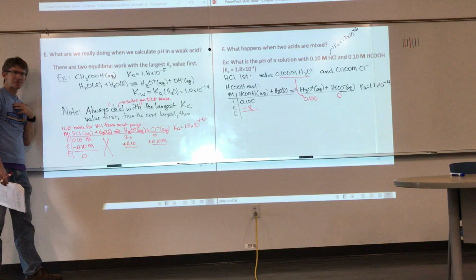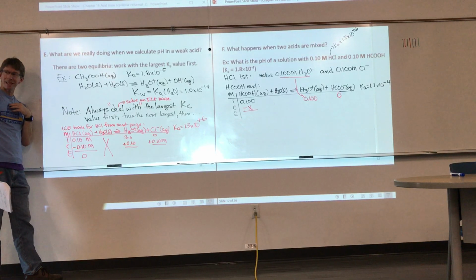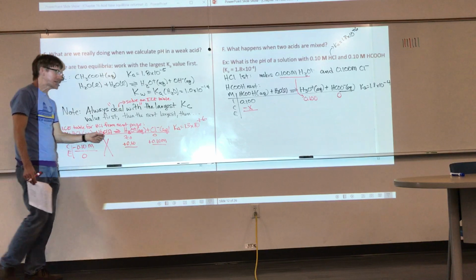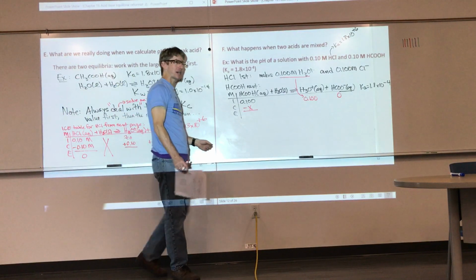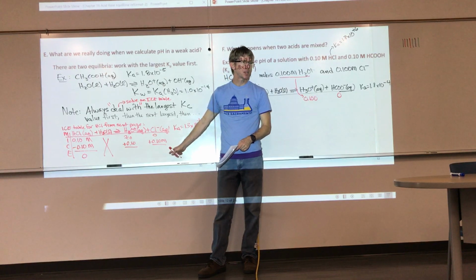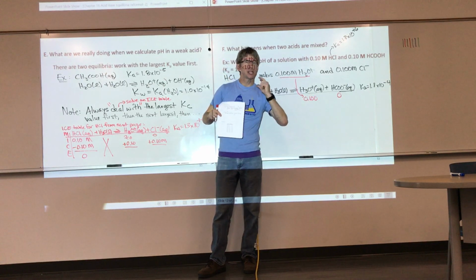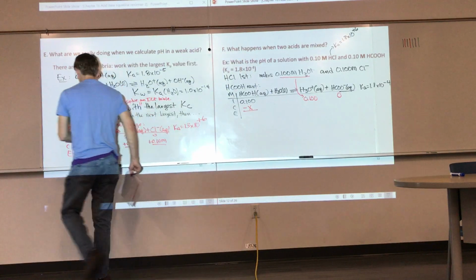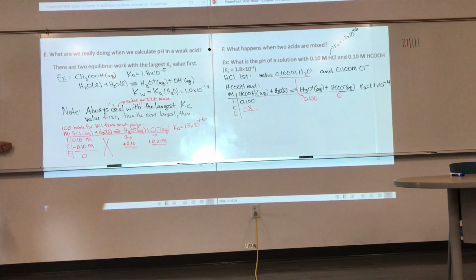But for us, there's an easier way. Take this reaction, assume it goes 100% to products. We know what the products are now. Then, flip your reactants and products. So now we have hydronium and chloride on the reactant side. If we flip reactants and products, what happens to our K value?